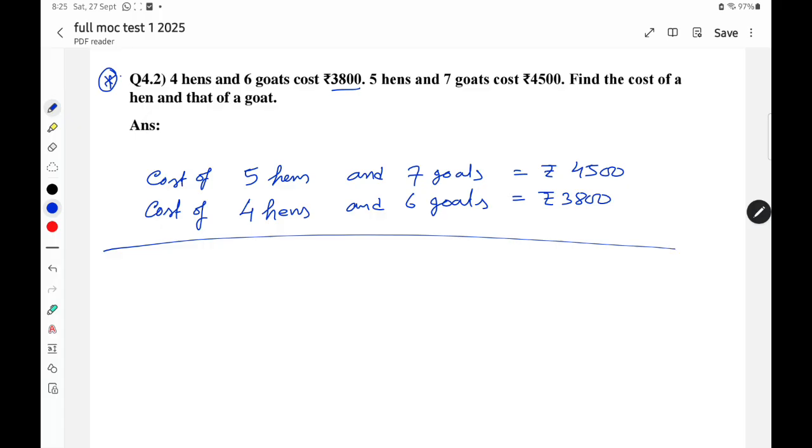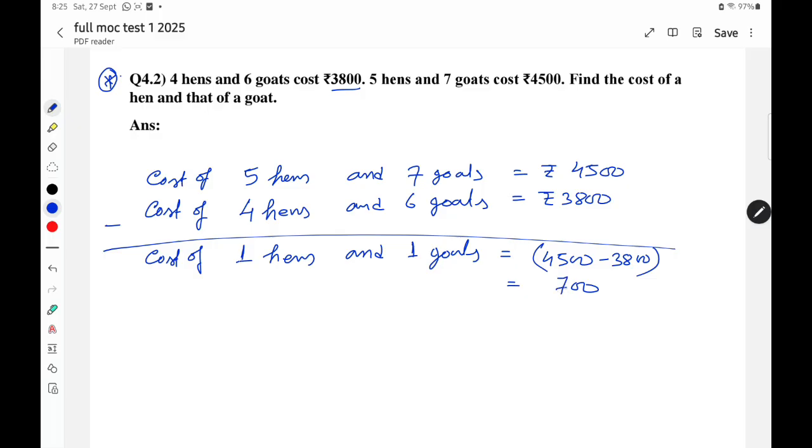So if I subtract, then 5 to 4 remain করলে, so cost of 1 hen and 1 goat equal to 4500 minus 3800. That means 700 rupees. This is the price of 1 hen and 1 goat.